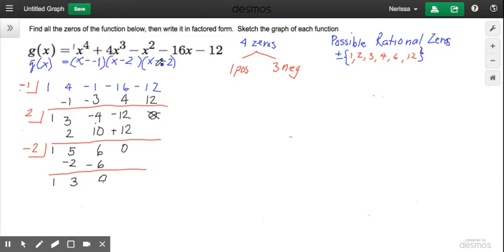See, we have 1, 2, 3 factors already. The last factor is here, and it's going to be 1x plus 3. All right, so that's the last factor, x plus 3.